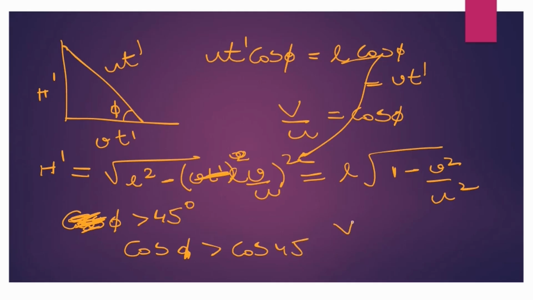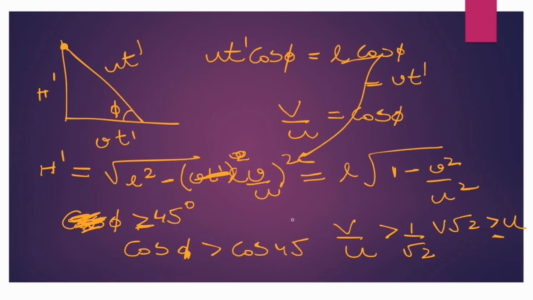Cos phi is nothing but V by U, which is greater than 1 by root 2. So I can say when V root 2 is greater than U, and it can be equal too, that particular ant reaches the maximum height ul by 2v, that it completely covers the height.